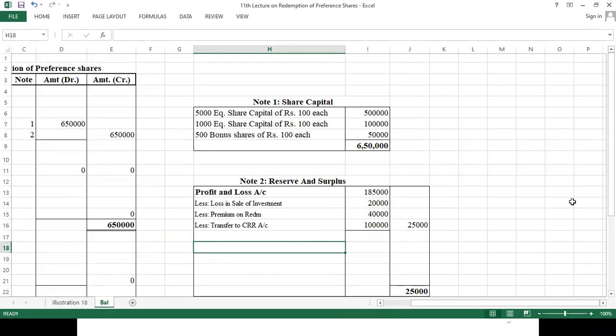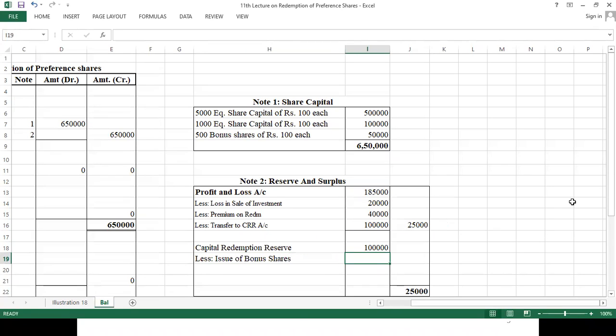Then we also have a capital redemption reserve. Okay, in that we have 1 lakh rupees less, I can say, issue of bonus shares 50,000.